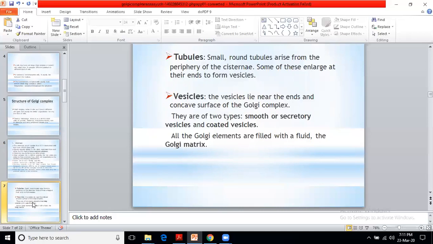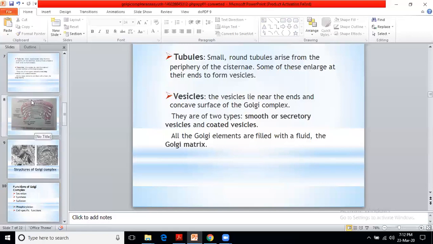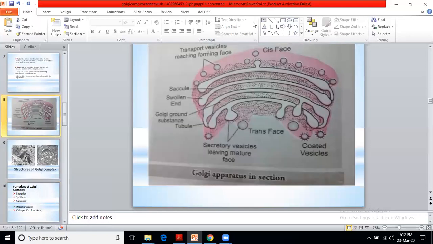Now, these are the structures of the Golgi complex. Now you can see this is the structure of Golgi complex. This phase is known as cis phase, means receiving phase. And this phase is known as trans phase.